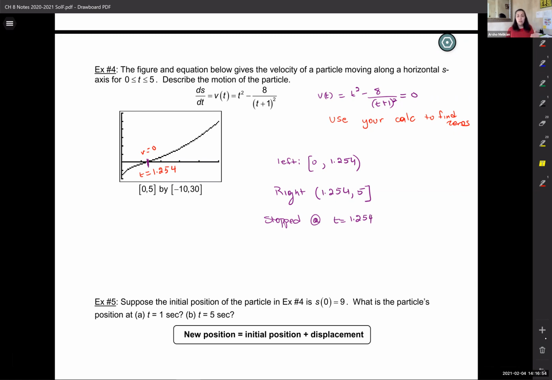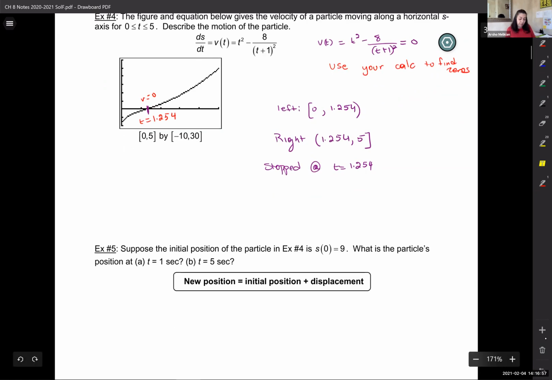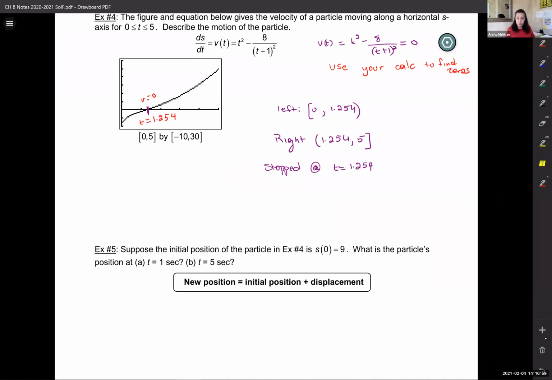So basically, what have we learned today? If I take the integral of a of t dt, that gives me v of t plus c.